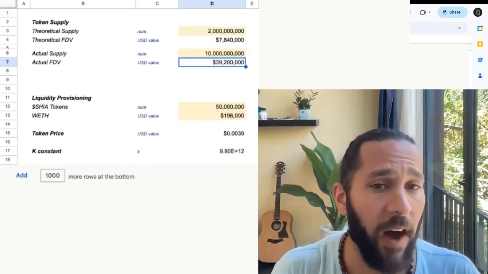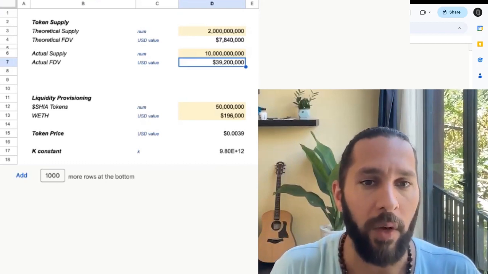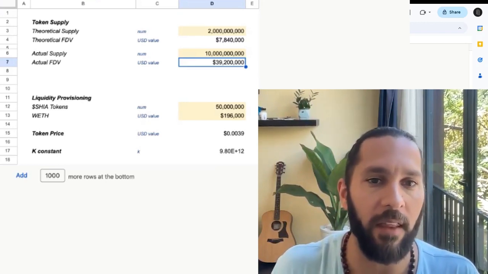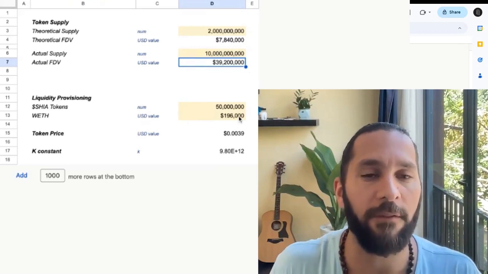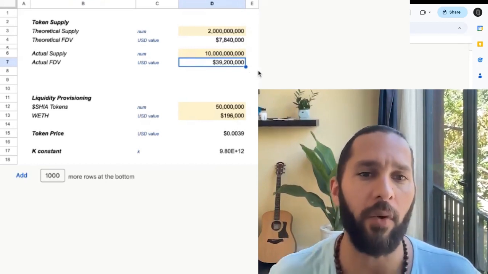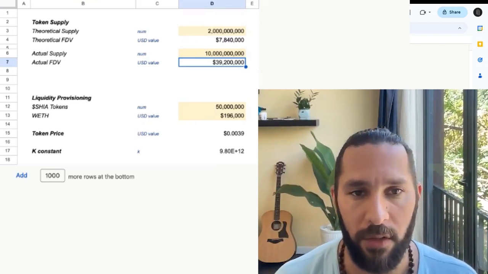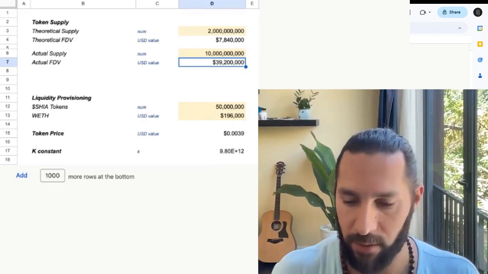So the 95% of the supply in that original smart contract, we can say safely is unlocked. So the actual FDV that they manufactured with this liquidity provisioning is close to $40 million. They created a $40 million market cap for an ecosystem token using only $200,000.